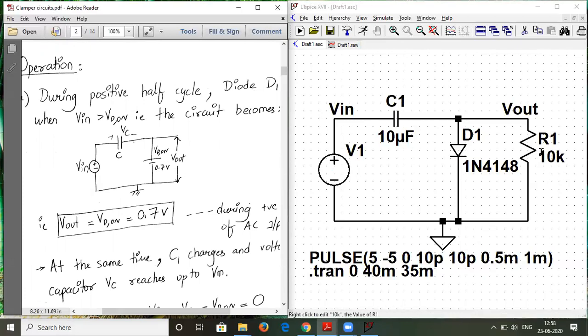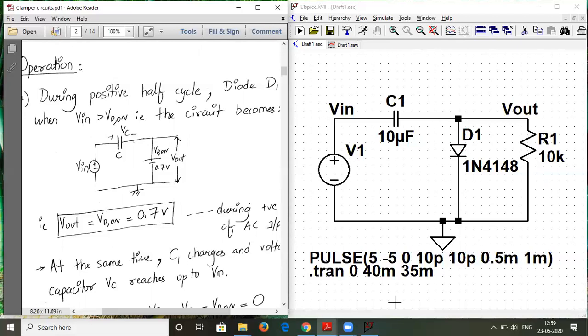This resistor will not come into the picture. Basically, the capacitor charges via this diode. Now, does the capacitor charge slow or fast? It charges rapidly, very, very fast. Why? Because whenever the diode turns on, the on state resistance of the diode is extremely small.